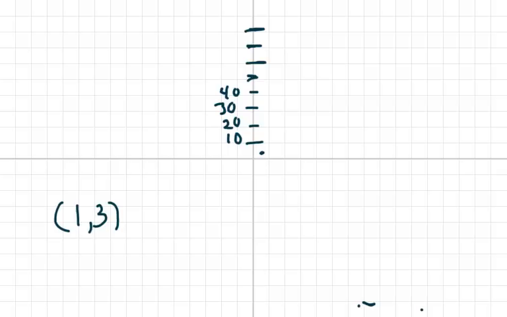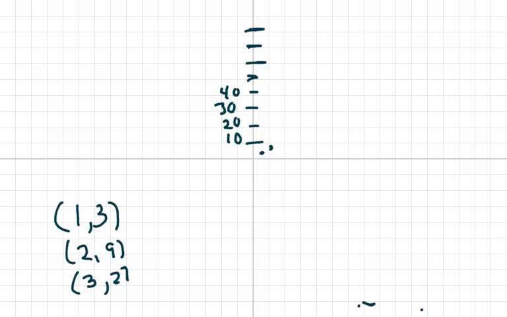2 goes to 9. So it's going to be really close to 10. I know the scale's going to be off. 3 goes to 27.